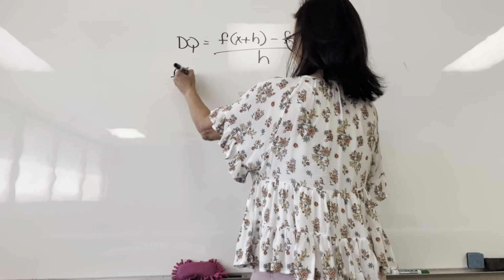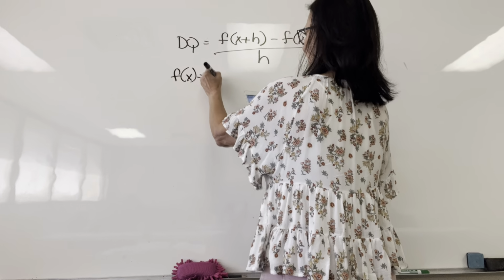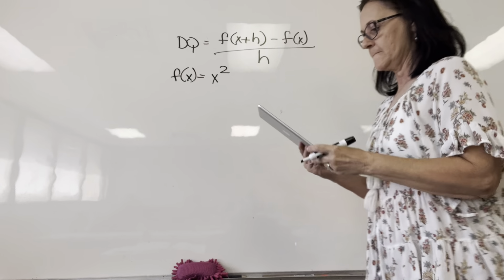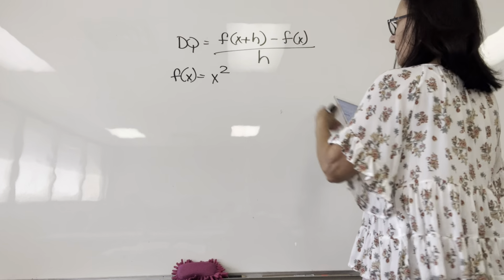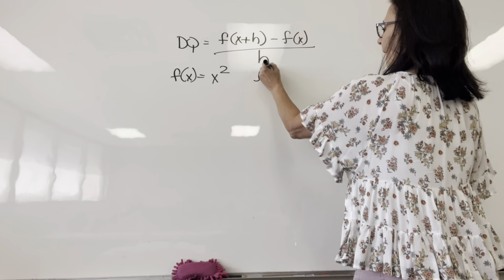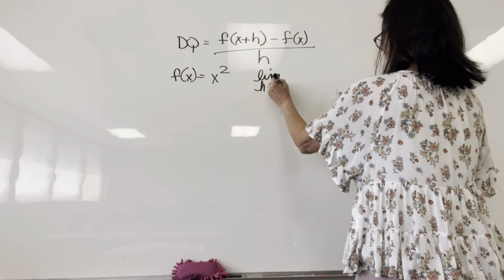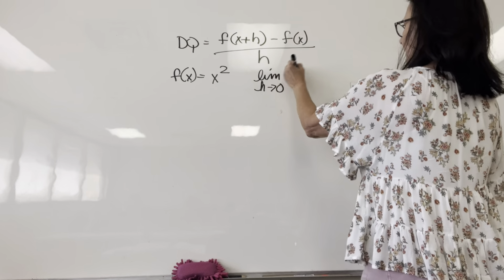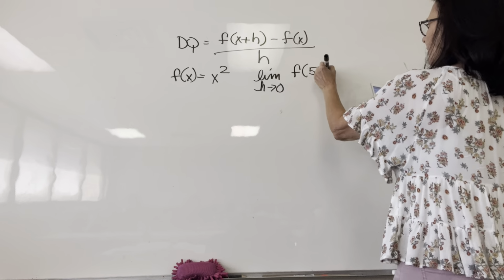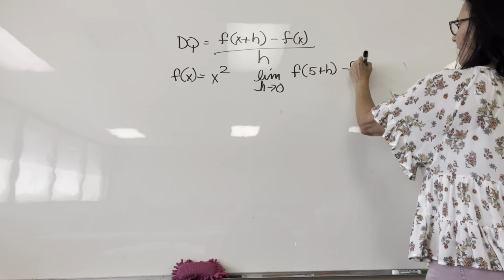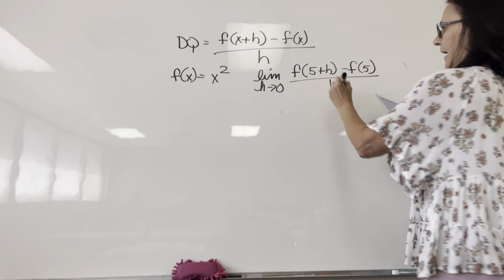It tells us that f of x is x squared. And it wants us to find the limit as h approaches 0 of f of 5 plus h minus f of 5 over h.